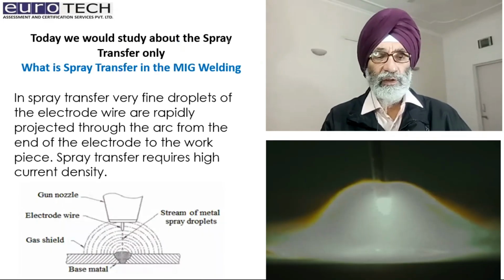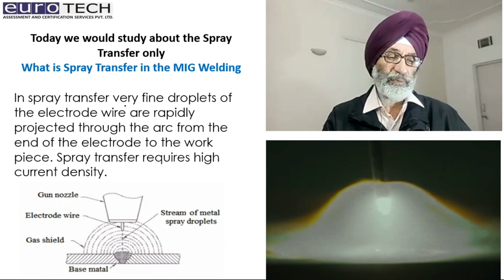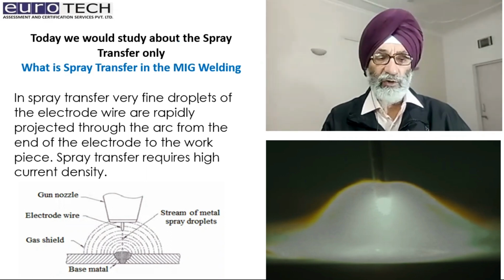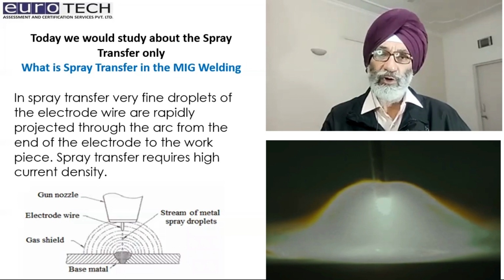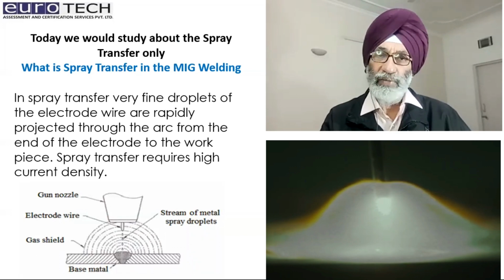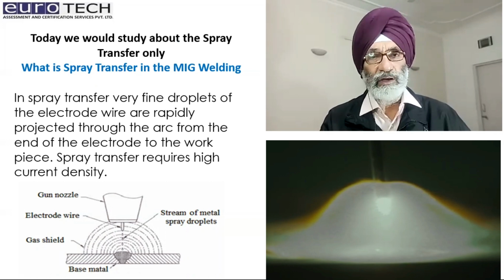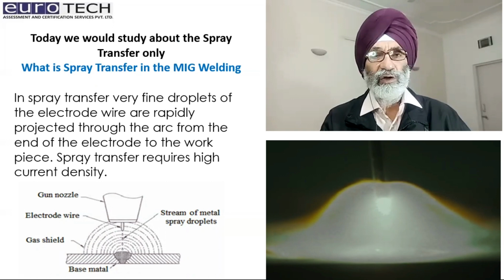So for today, about the spray arc transfer, what is it? Spray transfer is where very fine droplets of electrode wire are rapidly projected from the electrode to the workpiece. That means these droplets are continuously fed from the electrode to the base metal, and thereby a puddle is created, and the spray transfer requires a very high current density.